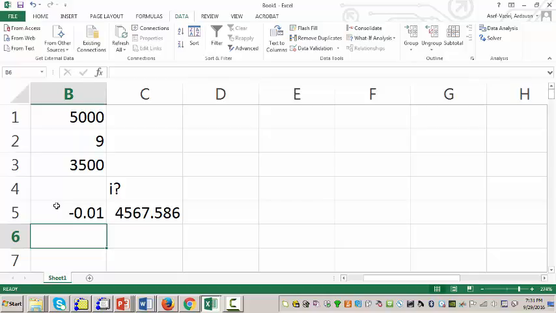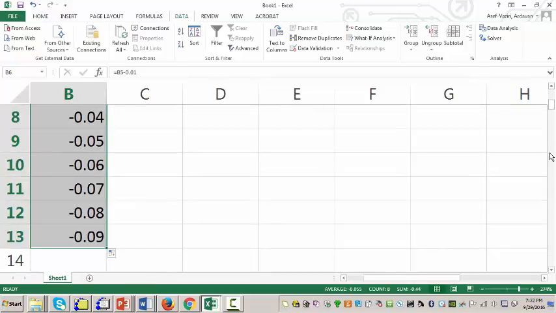Then I will say, okay, so it is less than negative 0.1. I say negative 0.1 plus or minus negative 0.1. So that is negative 0.2. And then I copy it down to 5, 6, 7, and 10.